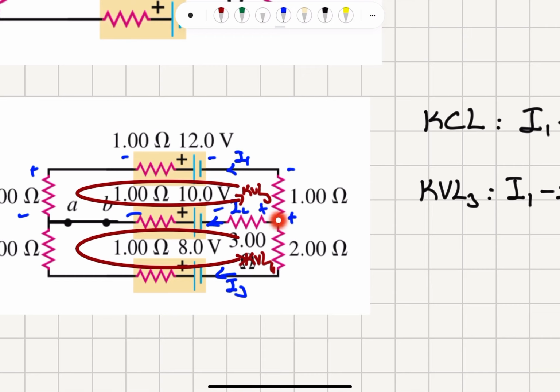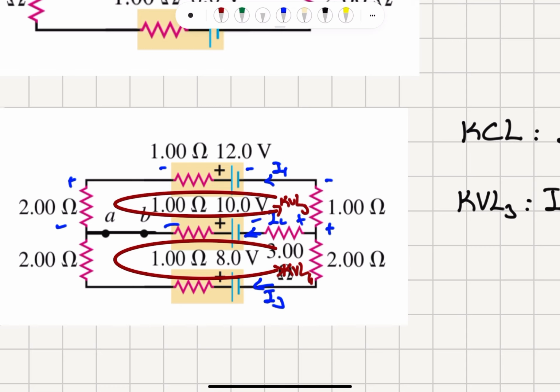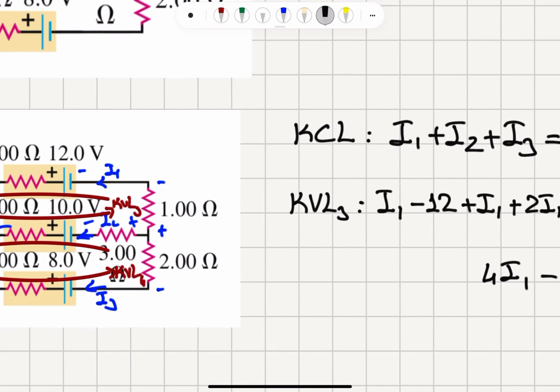So I will basically continue like this. So let's see here, the current is flowing in this direction. So this is plus minus, this is plus minus. Basically, I'm assuming the current is flowing in this direction. So if I start at this point, I will have 2I3 first.